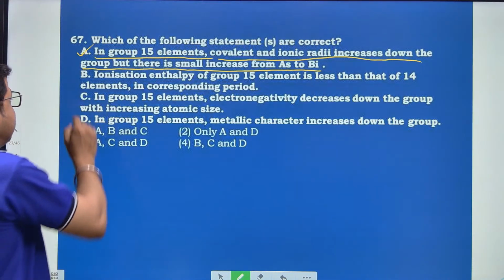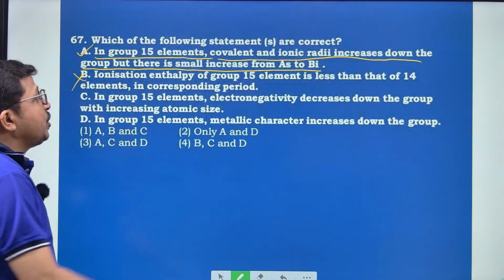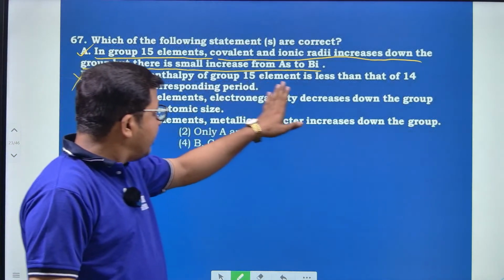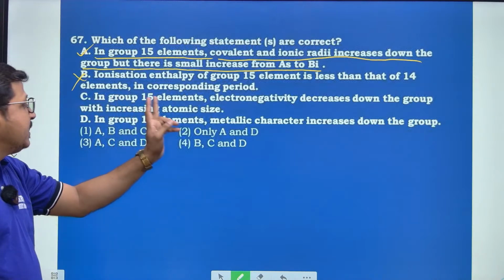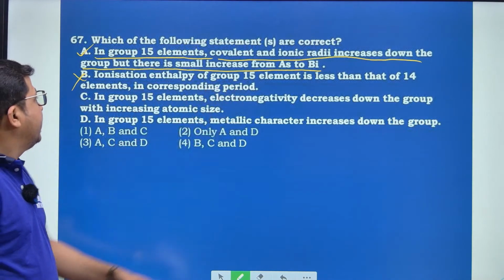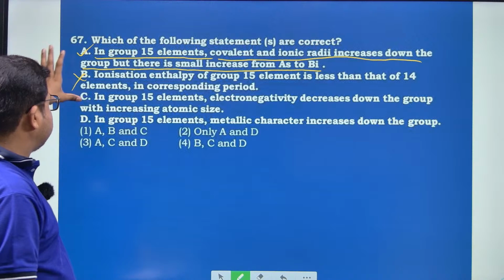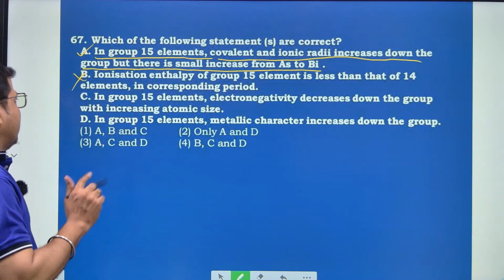Actually, this is a wrong statement. Why? Because the ionization enthalpy of group 15 elements is much greater than that of group 14 elements in the corresponding period. Hence statement B is wrong.